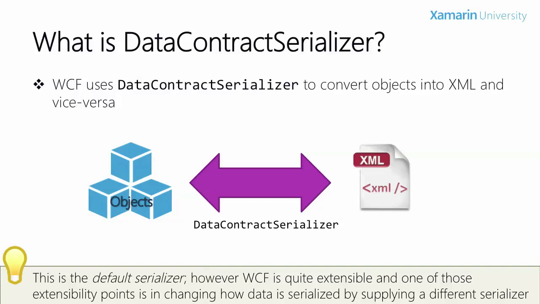However, this is an extensibility point. You can tell WCF to use an alternative serializer either for performance reasons or to change how the data is expressed on the wire. So for example, there is a DataContractJsonSerializer which turns your object graph into JSON, and you can use third-party libraries as well, such as Json.NET.